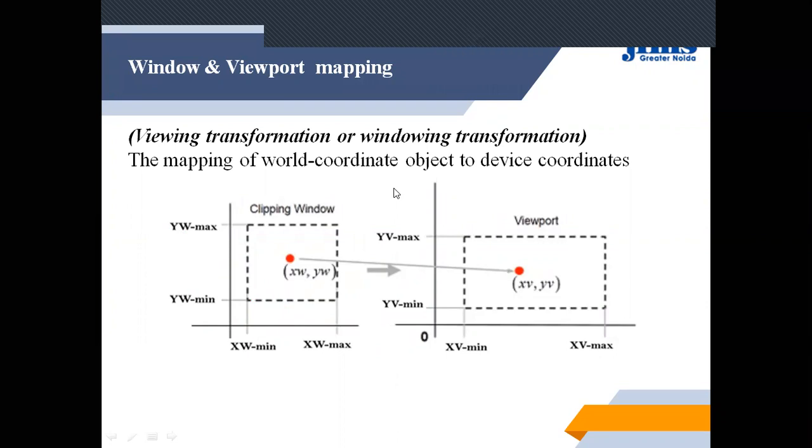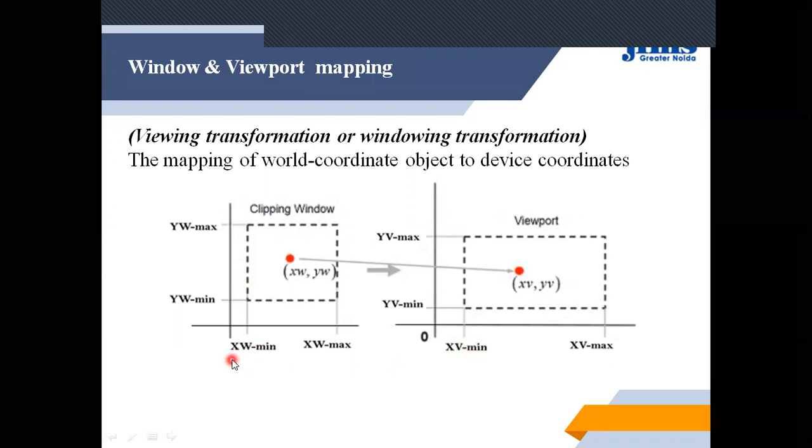Now we will see how we can map these points. This is our motto now, to find out the values of xv and yv. A window is given where the x coordinate w is written for window, as I told you, v is written for view.